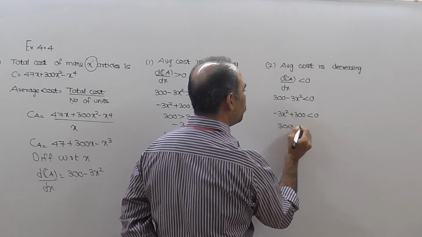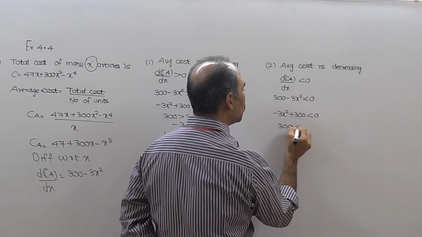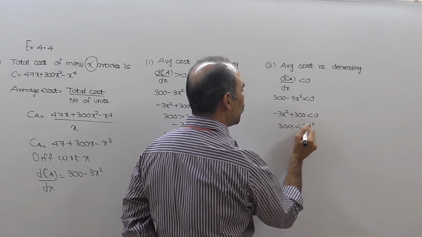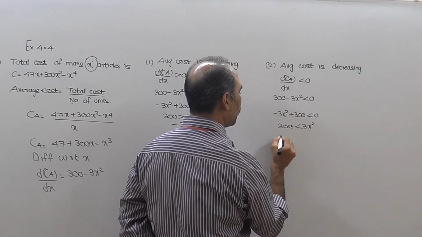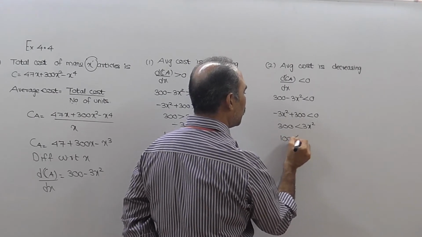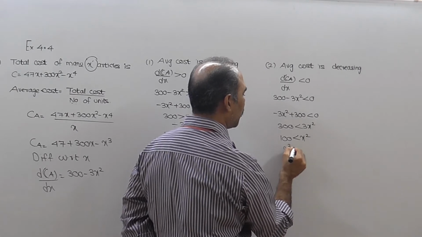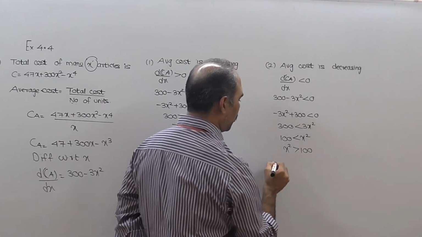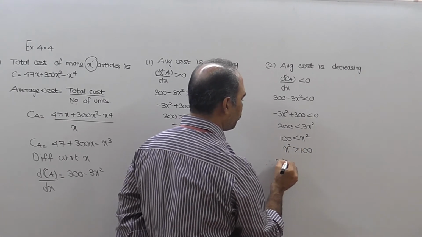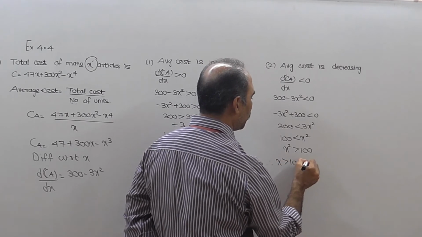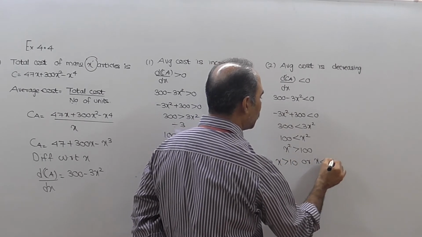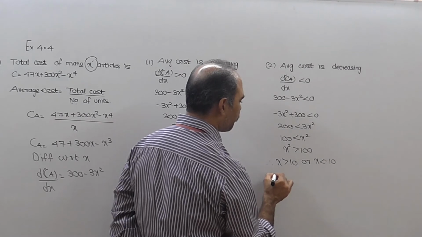So 300 is less than 3x square, divided by 3. 100 is less than x square, that is, x square is greater than 100. Therefore, x will be greater than 10 or x will be less than minus 10.